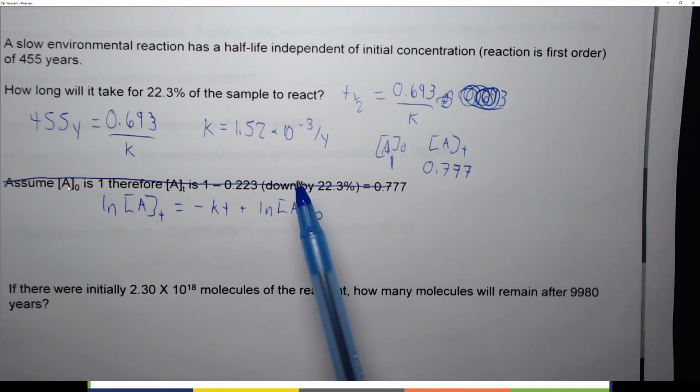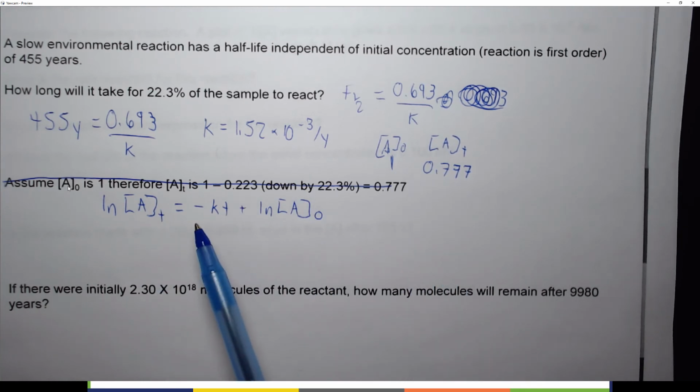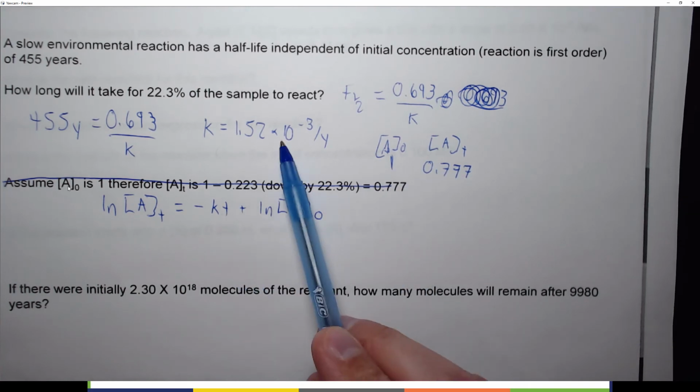Now we can just plug in. We know the concentration of A at some time, it's 0.777. We know the initial concentration of A, we made it up, it's 1. We know K, because we just found it.